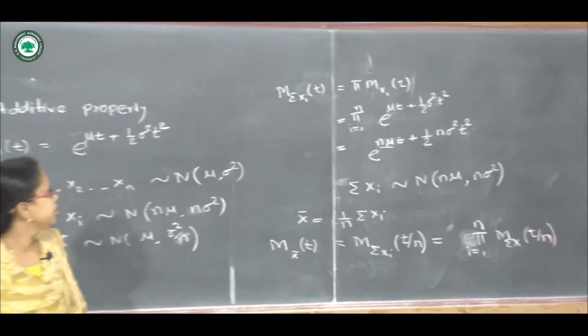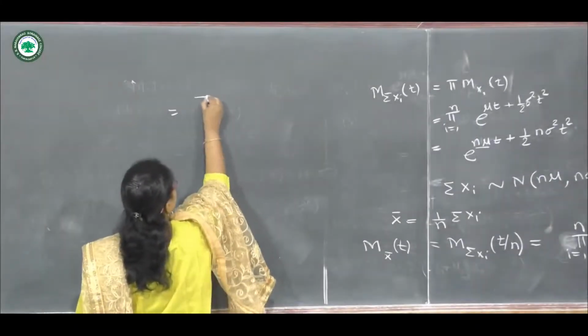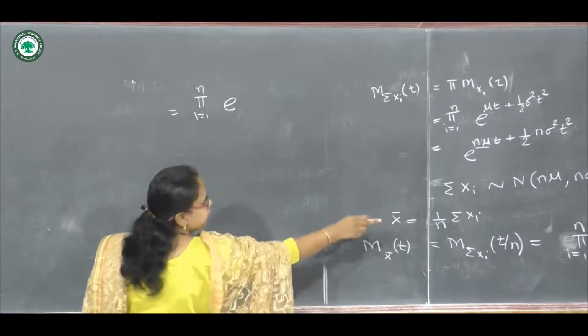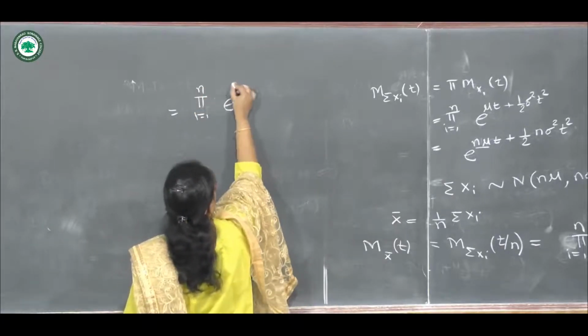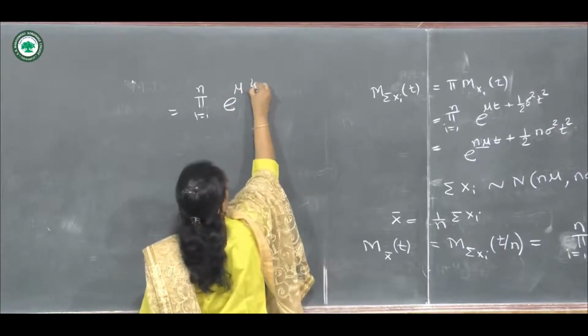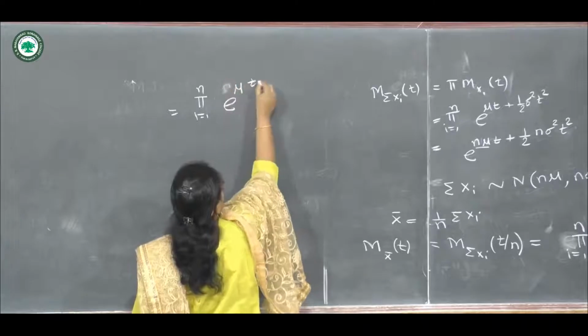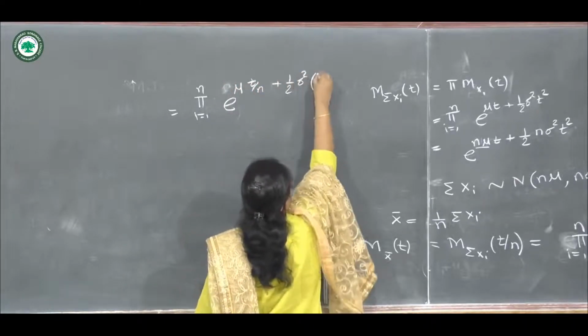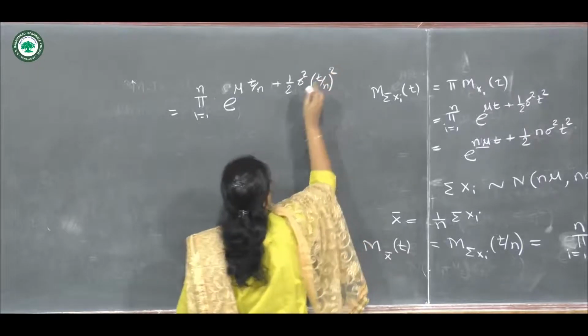Then we will substitute the value here. So it will be the product of e raised to mu into t upon n plus half sigma square into t upon n, whole square.